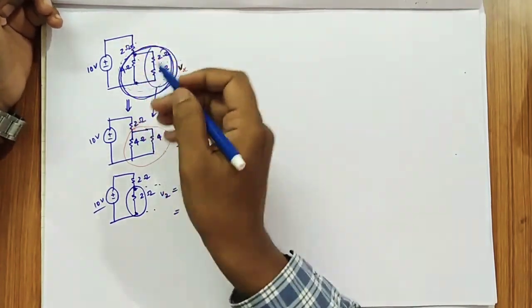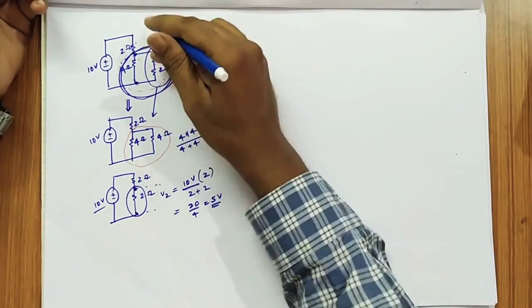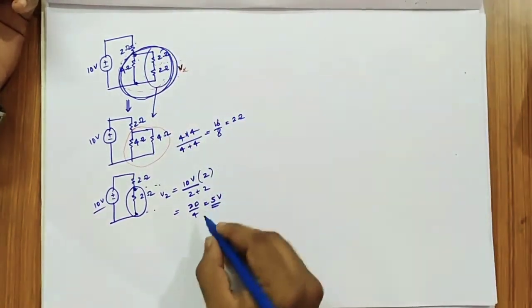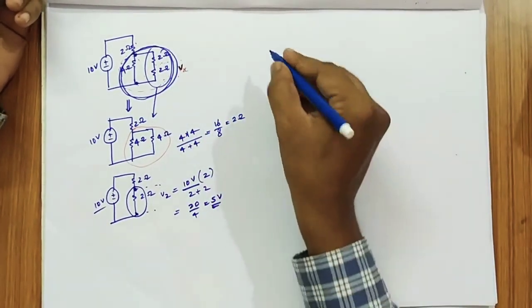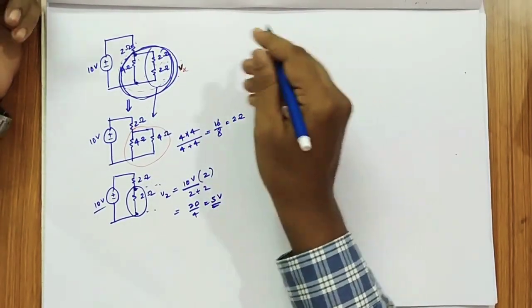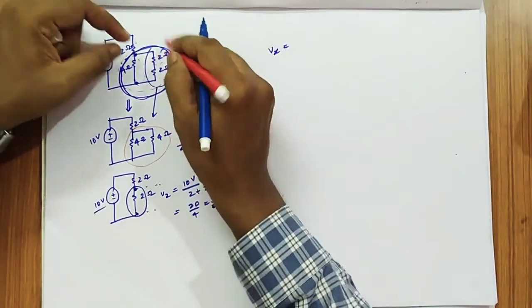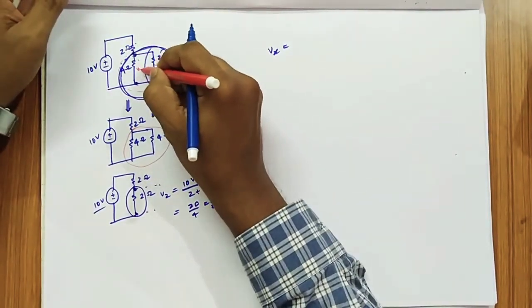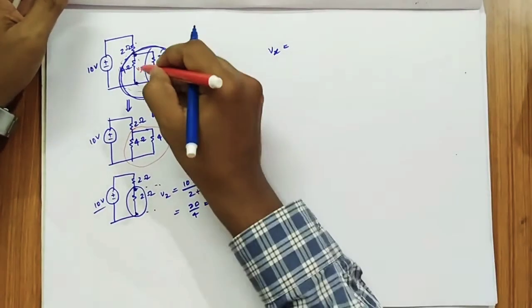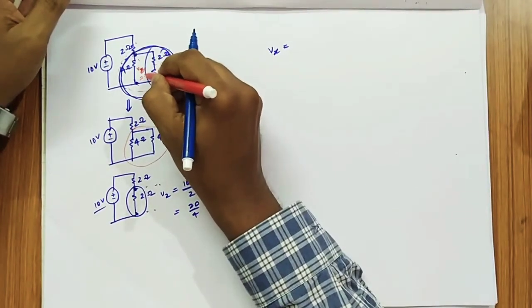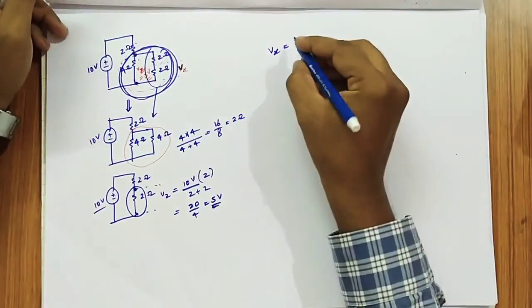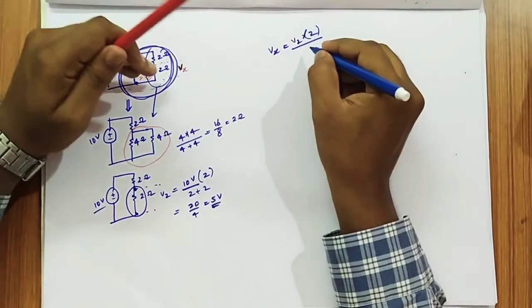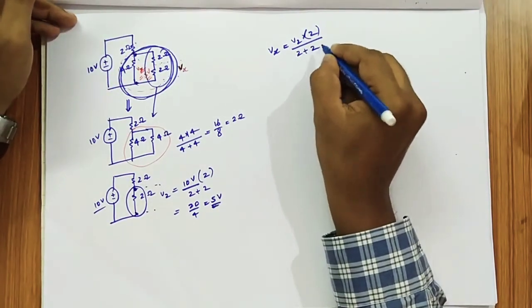By the voltage division rule, for the series resistance, Vx equals the branch voltage V2, which is 5 volts, times 2 by 2 plus 2.